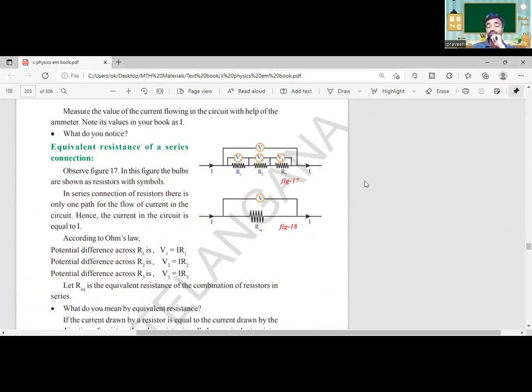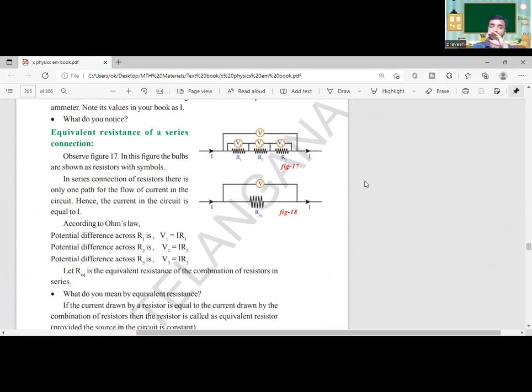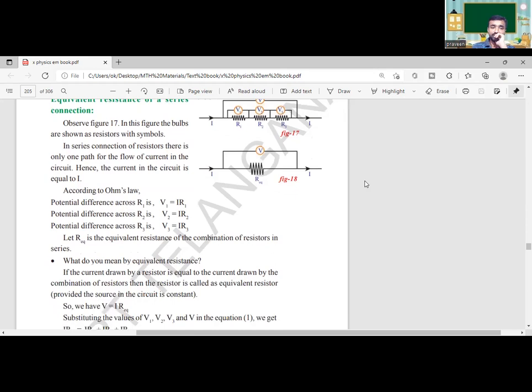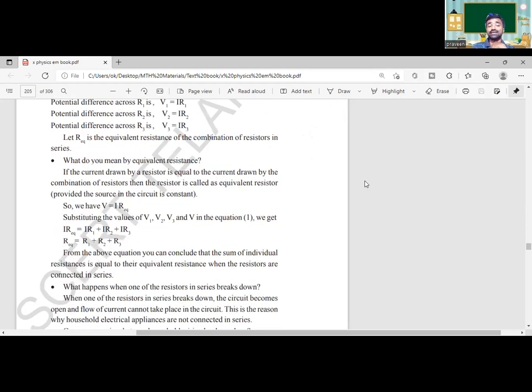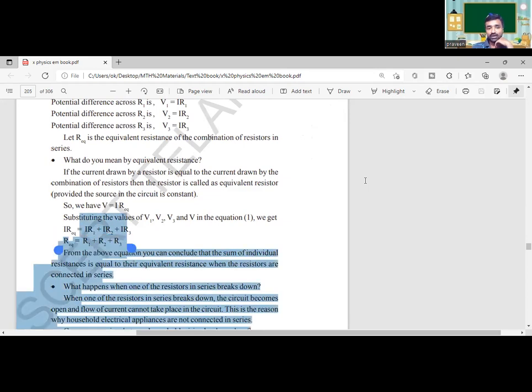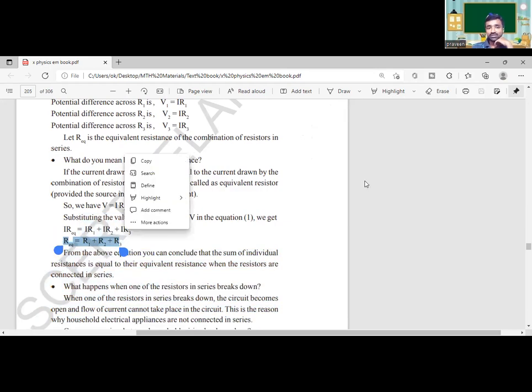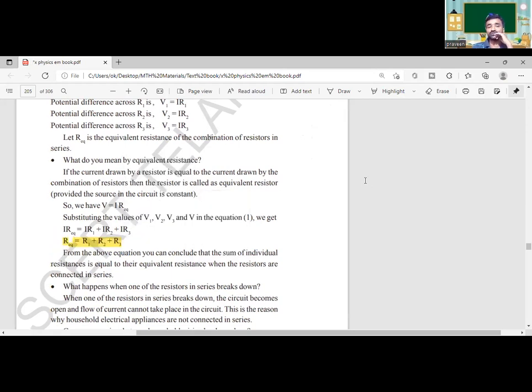I got the sum of the voltages of the individual bulbs, V1, V2, V3. Then substituting and solving, I got a relation: simply R equivalent is equal to R1 plus R2 plus R3. So this is the effective resistance formula.